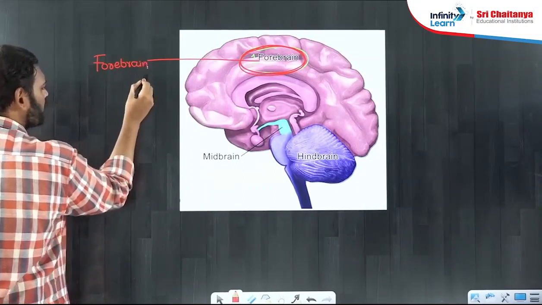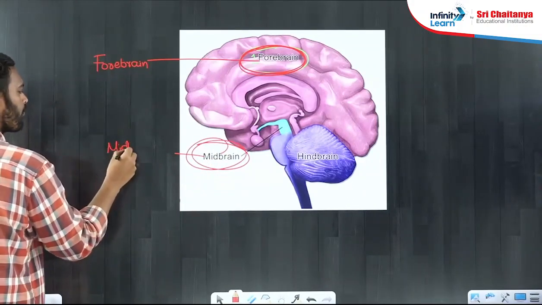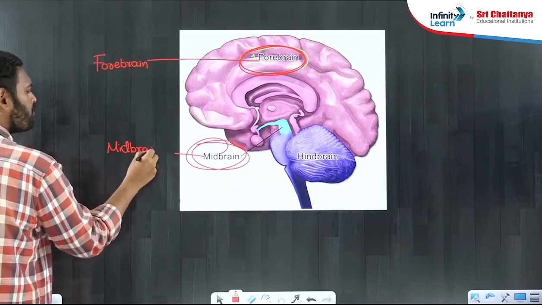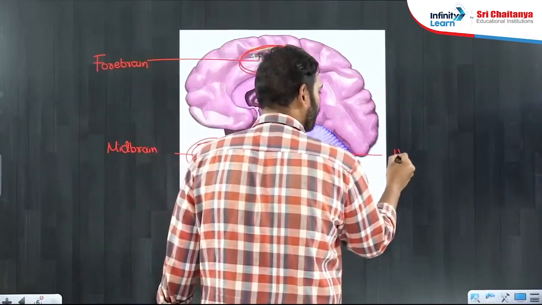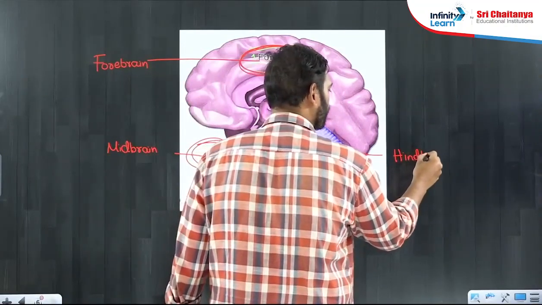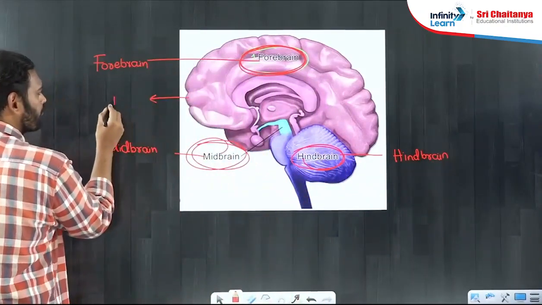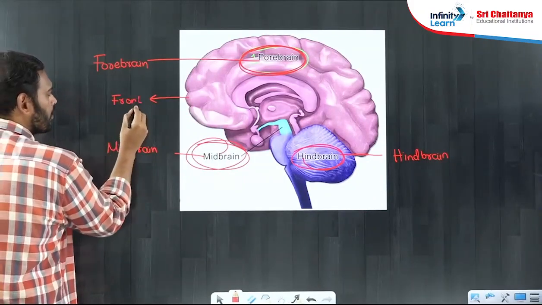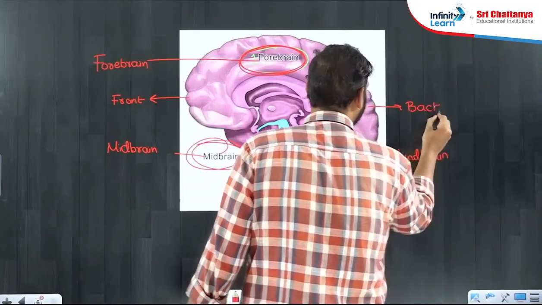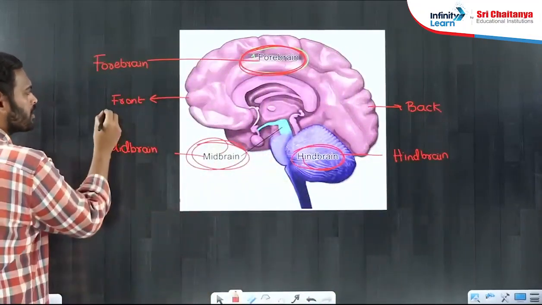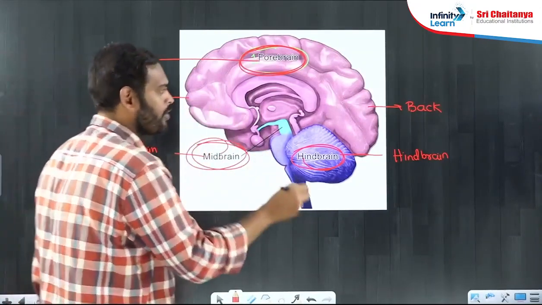Just below forebrain, you can see midbrain, and just below midbrain, you can see hindbrain. Guys, this is front. This is back. What is the synonym for front? Ventral. Synonym for back?